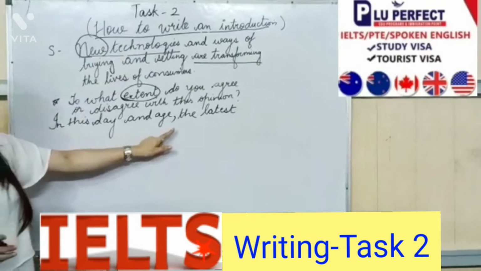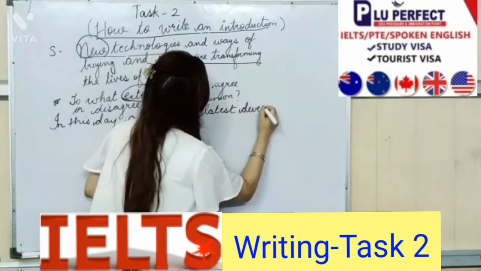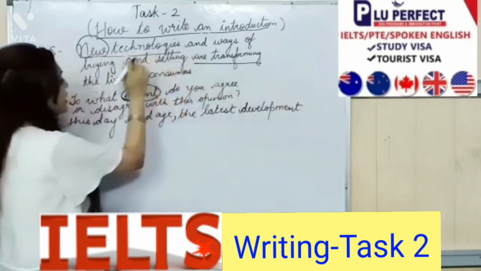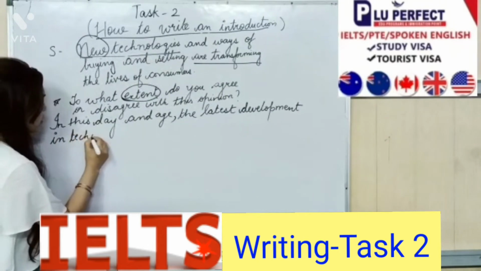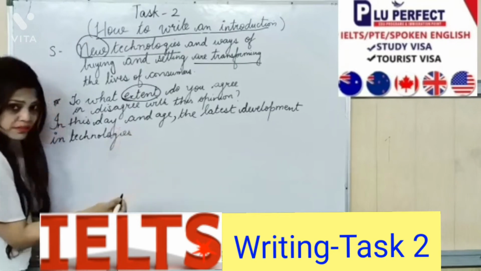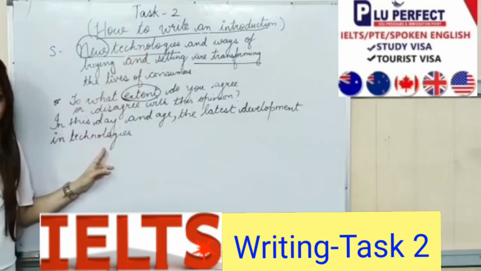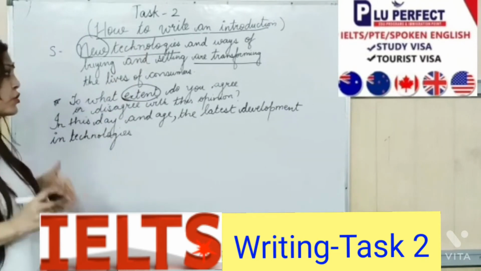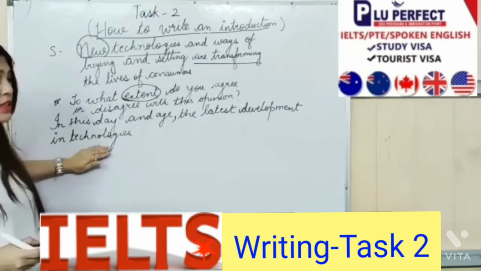So, in this day and age, the latest development in technologies. I'm not going to substitute this word with any other word because it's not making any sense, so I'm going to keep the word technologies as it is. You don't have to alter each and every word.